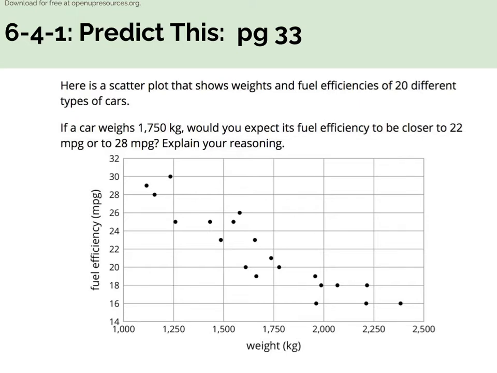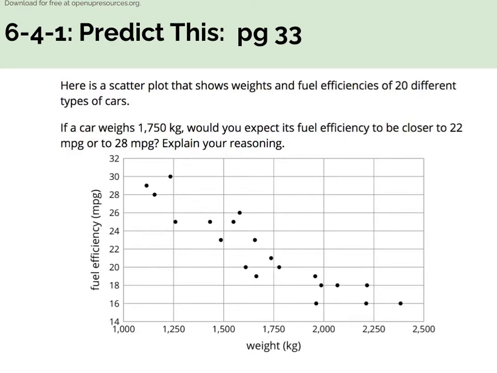Let's look at this. The trend is going down the hill. If we look at the trend, we see the information going down the hill itself. If we look at 1,750, notice how this point is almost at 1,750.